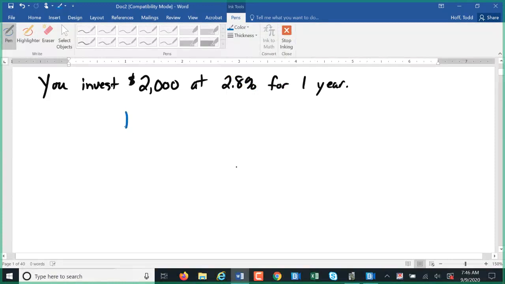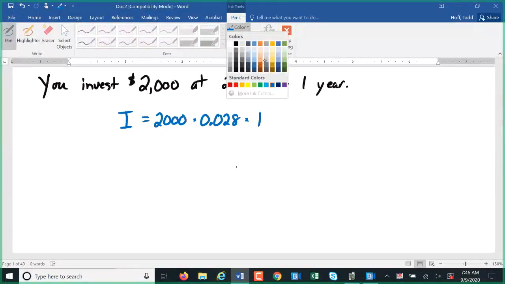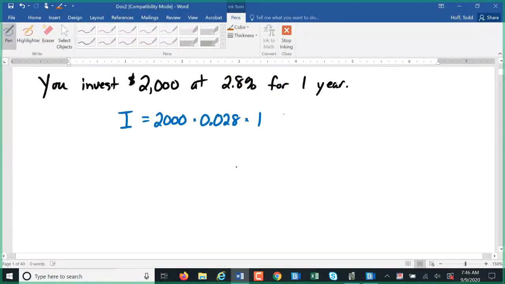The interest, I, equals your principal, $2,000, times your rate, 2.8% as a decimal is 0.028, times your time of 1 year. That multiplies out to give you $56 in interest for that year.